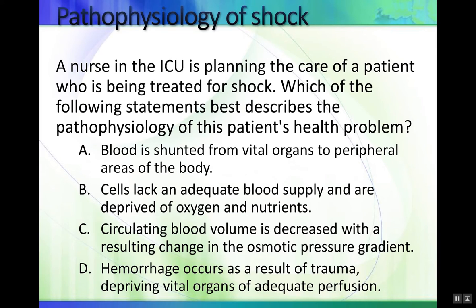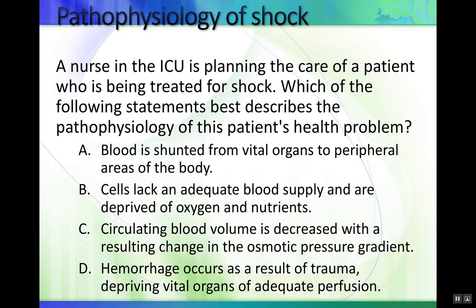Read this question. What you want to remember is the answer to this one is B. The most important thing is the cells are not going to get blood supply and are deprived of oxygen and nutrients. When a patient is in shock, everything is diverted to other areas, and the biggest issue is that the cells are not going to get oxygen and nutrients.